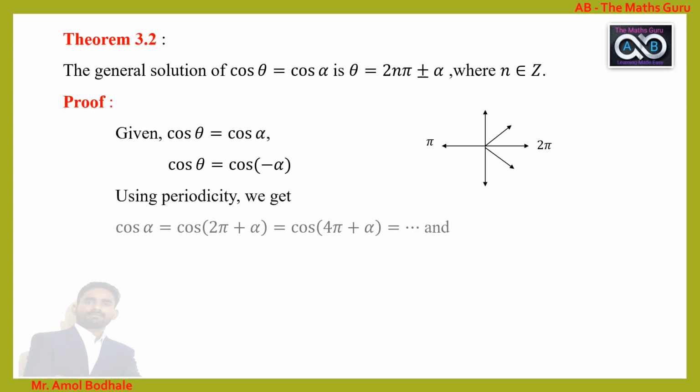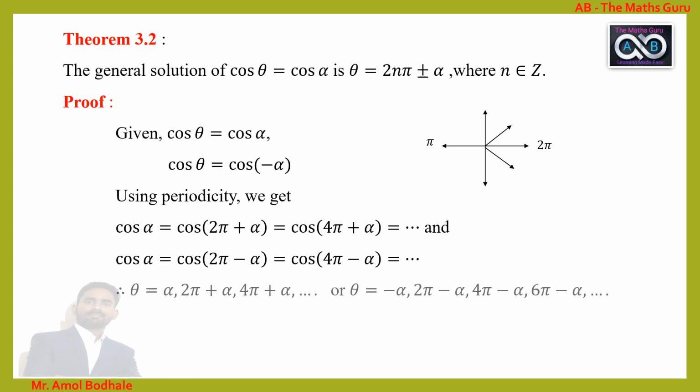So using its periodicity, we can say cos alpha equal to cos of 2 pi plus alpha. If we take one more rotation, it can be written as cos of 4 pi plus alpha, and so on. Cos alpha can be written as cos of 2 pi minus alpha, cos of 4 pi minus alpha, and so on.